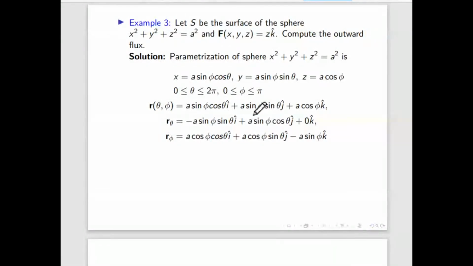So what will be the next step after that? Cross product. Yes, we have to take the cross product. So what will be the cross product of r theta and r phi?